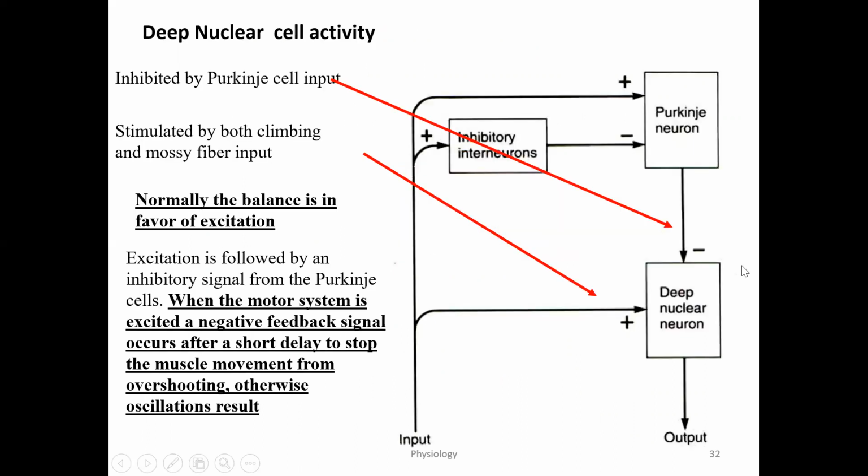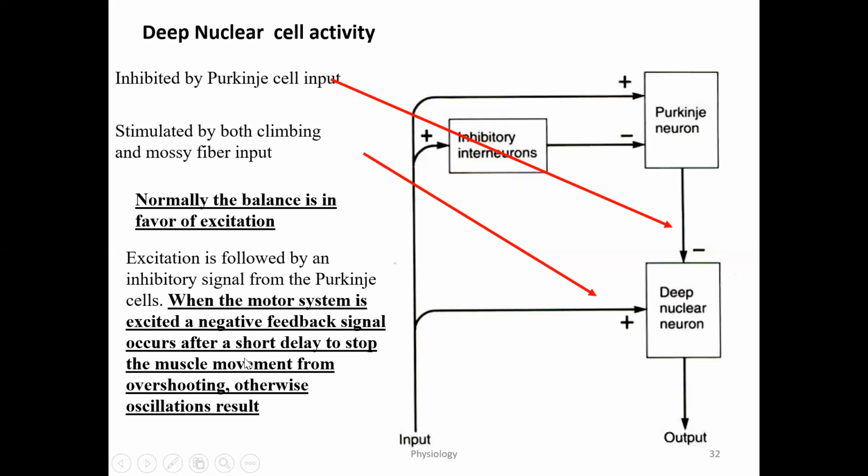This excitation followed by inhibition is very important for balancing the normal excitation and inhibition, and for controlling the negative feedback signals that occur after a short delay to stop the muscle movement and prevent overshooting. That's why, if there is damage to the deep cerebellar nuclei or to the cerebellum, overshooting is present in that person.